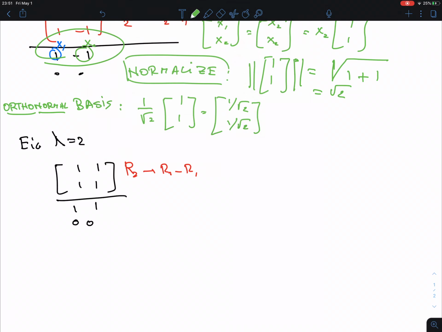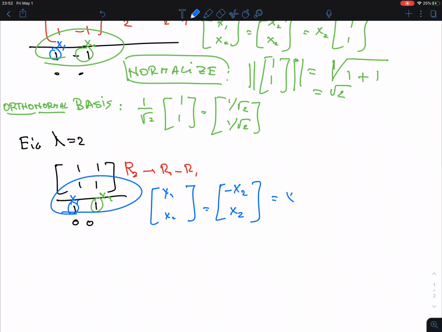So very quickly, this is going to be our free variable and this is going to be the pivot variable. So x1, x2. The free variable is equal to itself. Sorry, the colors are a bit wrong, but okay. And from this equation we see x1 is minus x2. So here we always have to have the free variable, right? So minus 1, 1. So the extra step now is we normalize.